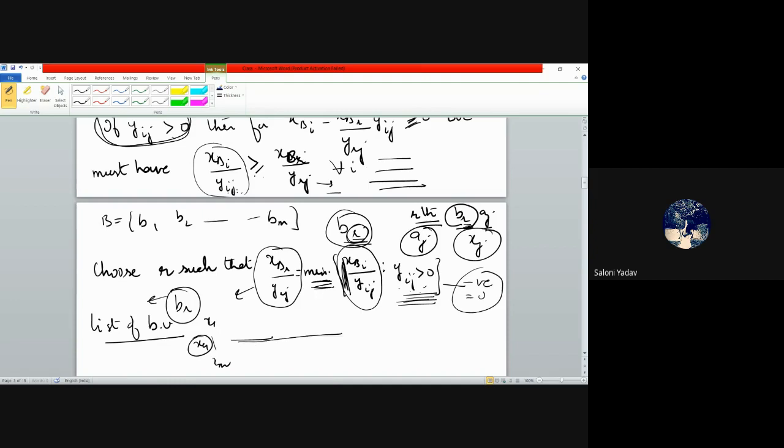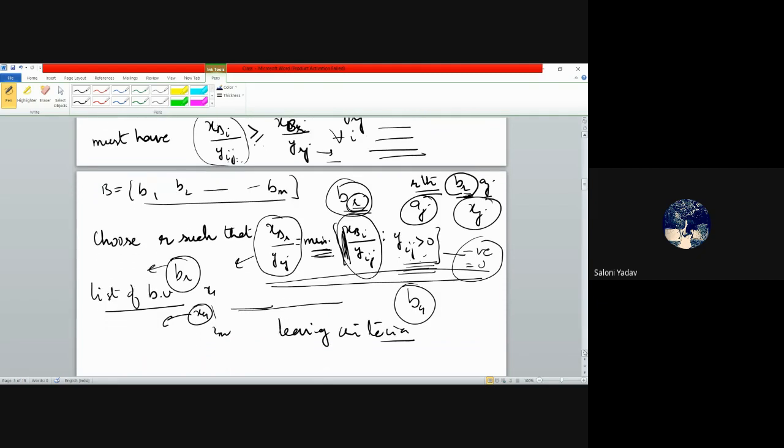Okay, so then I will say, okay, x4 leaves the basis. x4 leaves the basis matlab B4 gets removed from this B. Okay, so it is the fourth variable which was originally a basic variable, but it should now become the non-basic variable. It should leave the basis. So this minimum ratio defines the leaving criteria. This is how we should choose our basic variables to leave the basis. That's why we call this the leaving criteria.